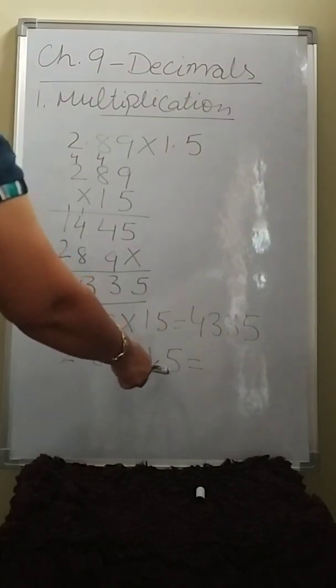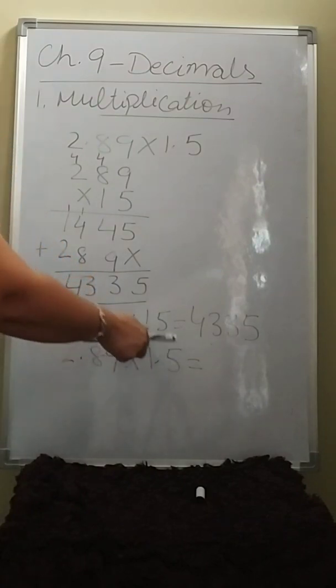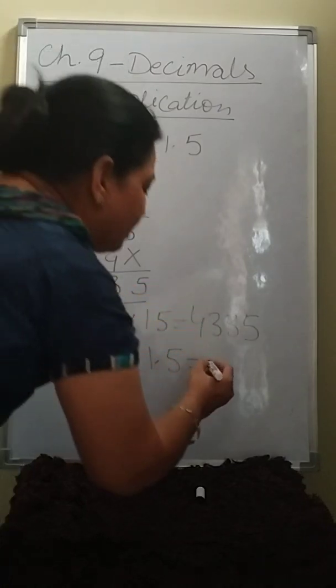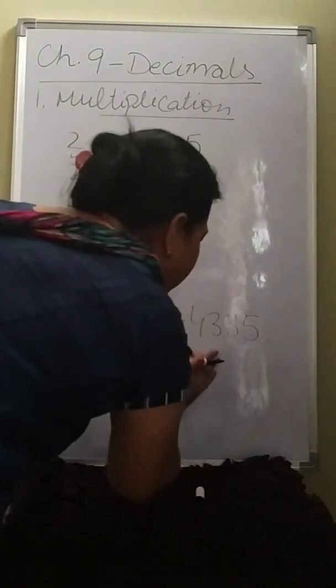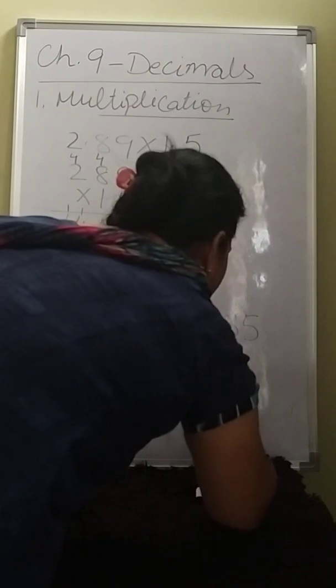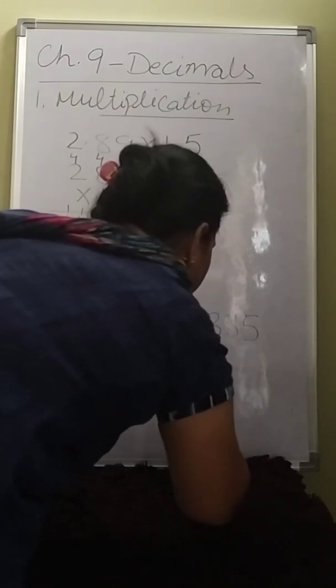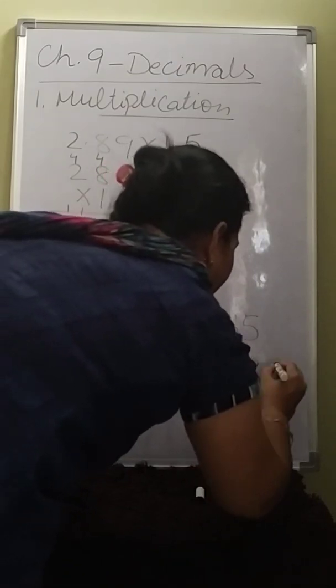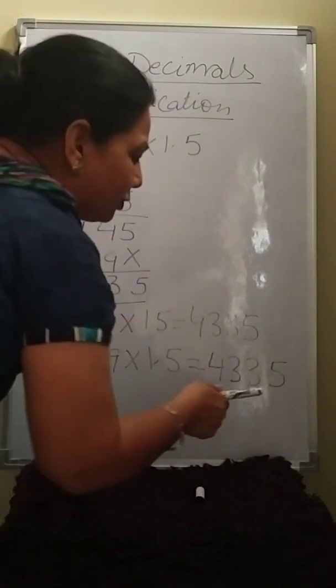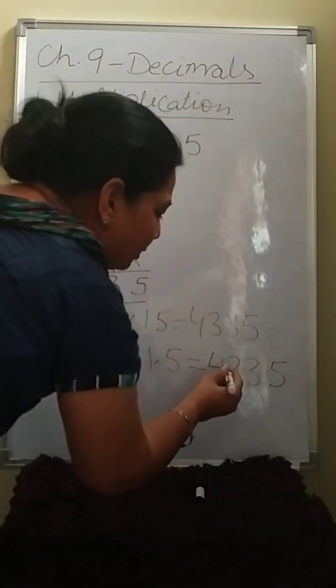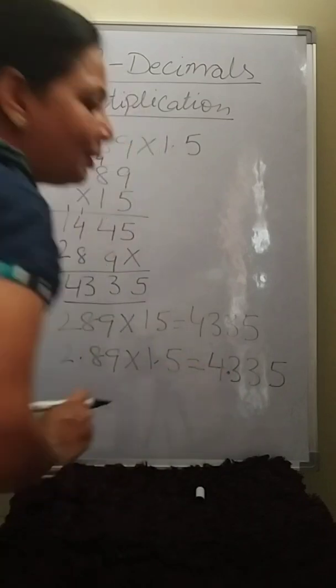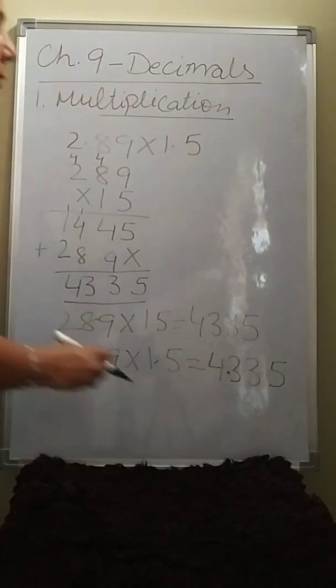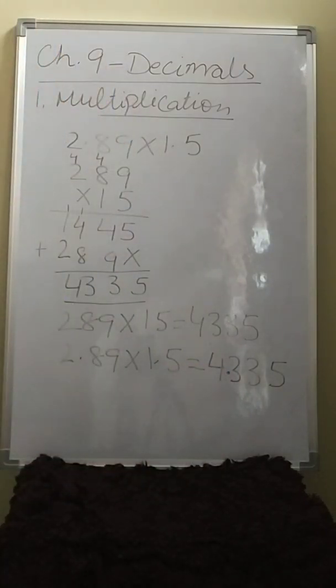Here the decimal is before one digit. 2 and 1, 3 digits. In the answer, the decimal will be before three digits. Your answer is 4335, with the decimal before three digits: 1, 2 and 3 here. This is the answer. This is all about the multiplication of decimals.